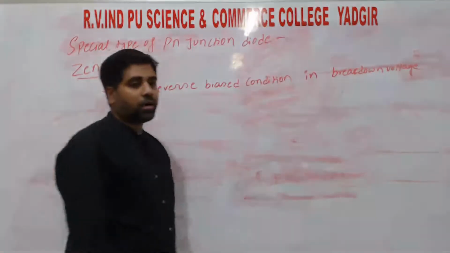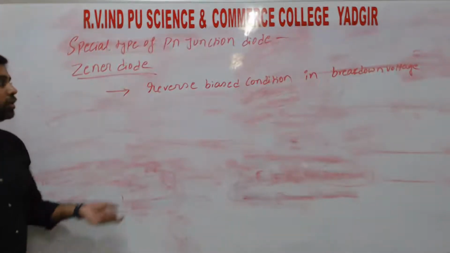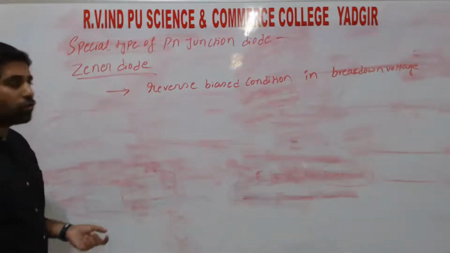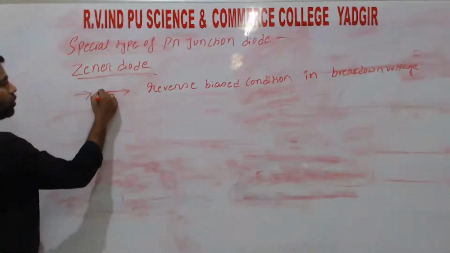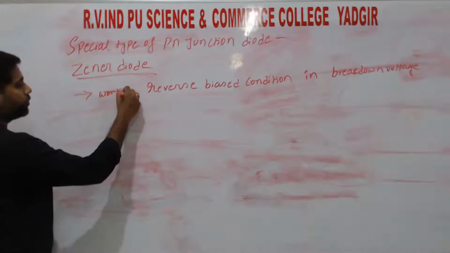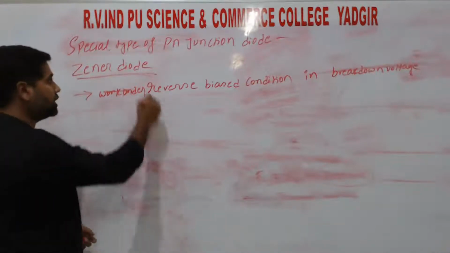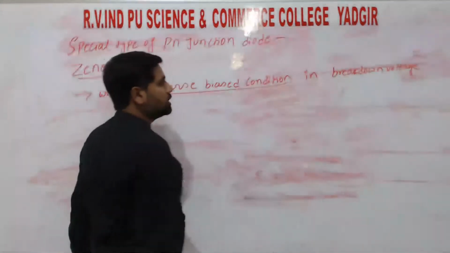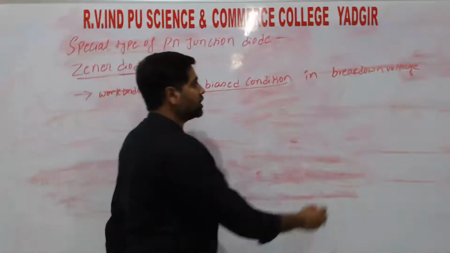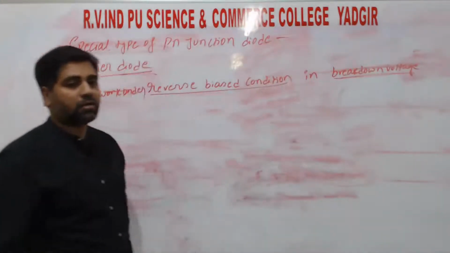So what is a Zener diode? A Zener diode is a special type of PN junction diode. It is constructed to work under reverse biased condition. Only this diode will work in the reverse biased condition, that is in the breakdown voltage region, right?